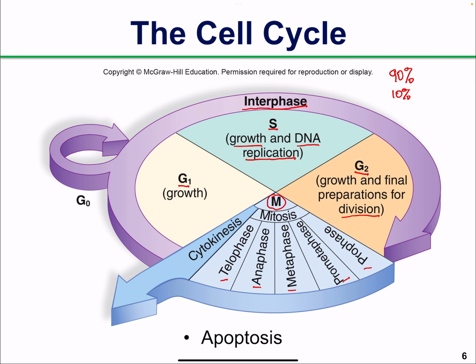Finally, but not least, during the M phase, besides distributing the genetic information, there is also going to be distribution of the cytoplasm. That distribution of the cytoplasm carries a specific name. We call this cytokinesis.